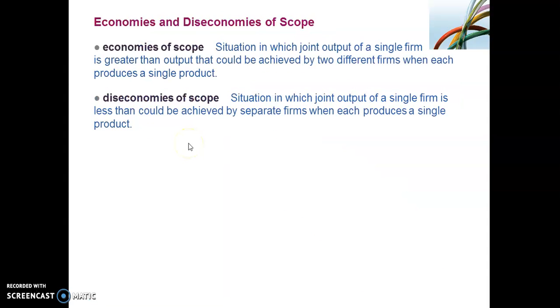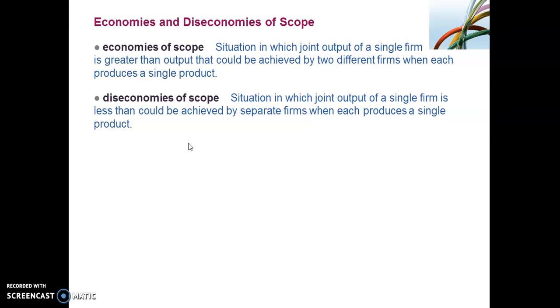So let's define economies of scope and diseconomies of scope. Economies of scope is a situation in which the joint output of a single firm is greater than the output that could be achieved if two different firms each produced a single product. So think about my Honda example.